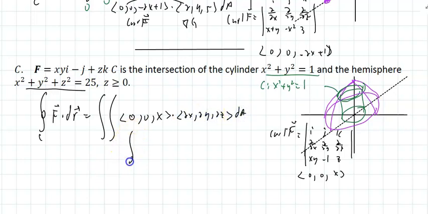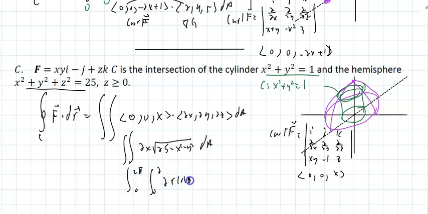So that's simply the integral of 2x, but z is actually the square root of 25 minus x squared minus y squared. And I could do this 0 to 2 pi, 0 to 2, of 2r cosine of theta, the square root of 25 minus r squared, r dr d theta.